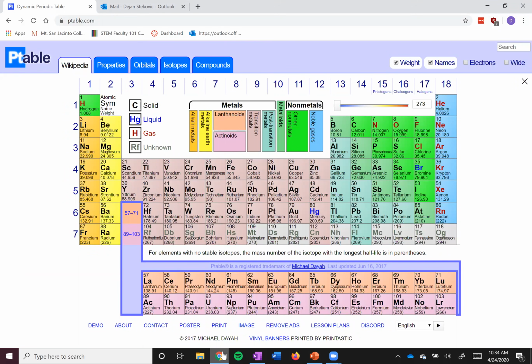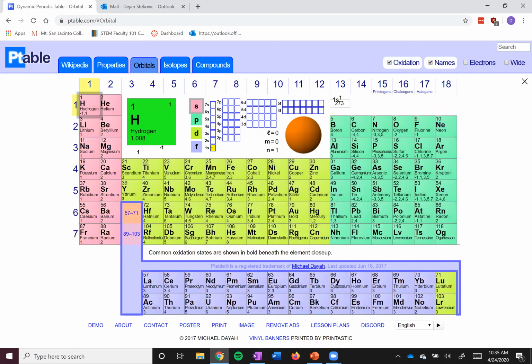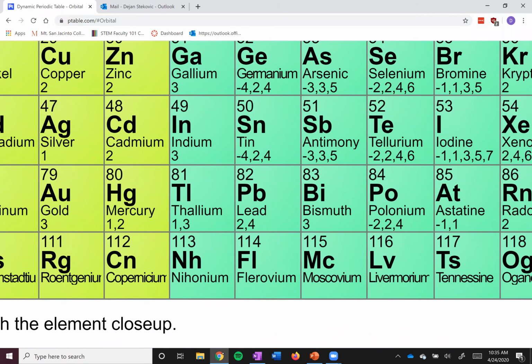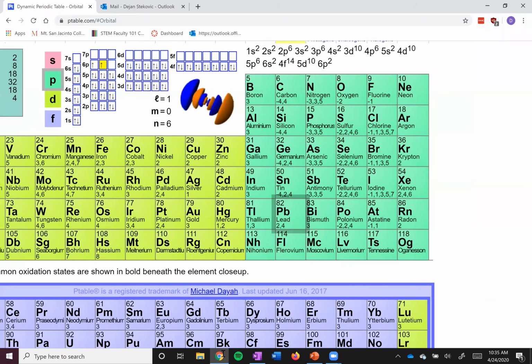I like to go to pt2.com. Your post-transition metals are all of these metals down here that are still metals, but they come after the transition metals. And so if you use pt2.com and you hit the orbitals tab on the top, you can see that there's some numbers under all of these elements. These numbers are their common oxidation states.